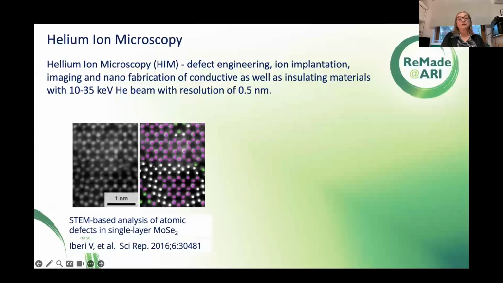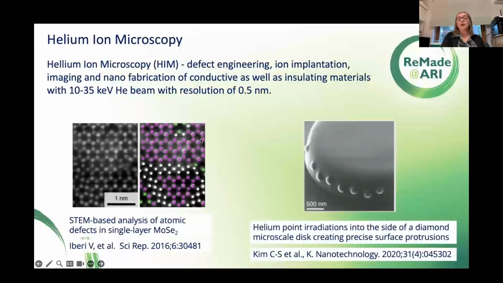So you can see that by helium ions, you can engineer some defects. Or here it's also point irradiations with helium, which introduced some protrusions on the surface on this side of the diamond microscale disc. So really you can do it really precise, and you can really create different nanostructures.